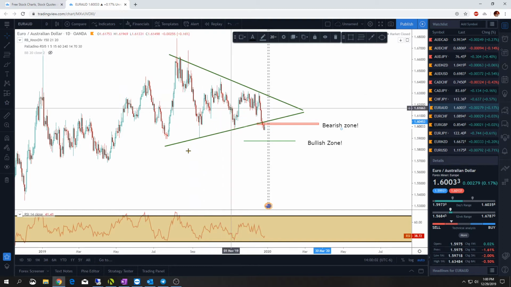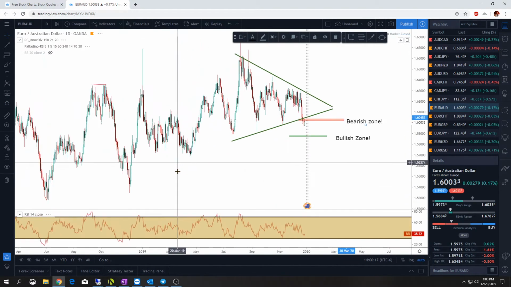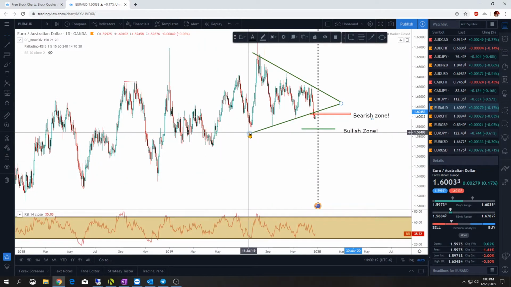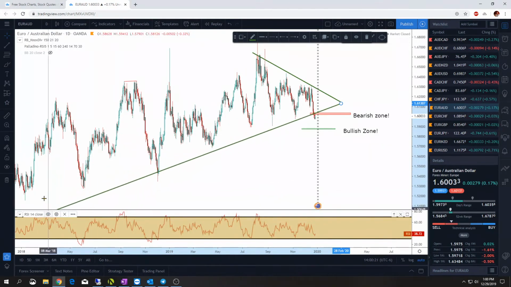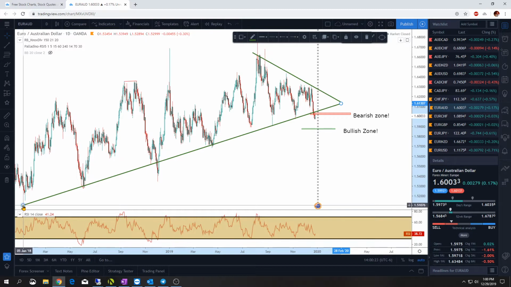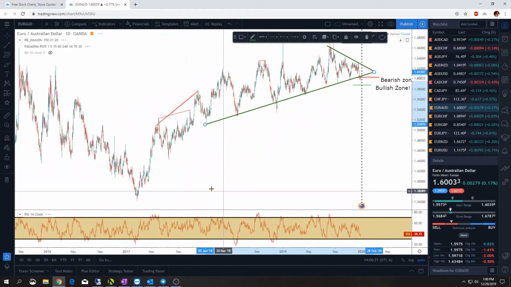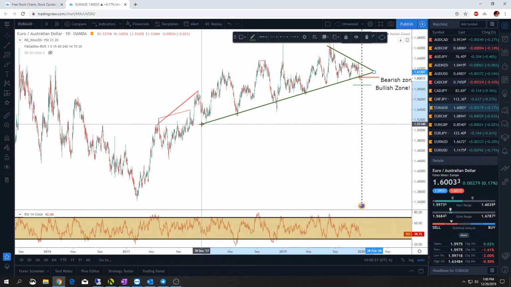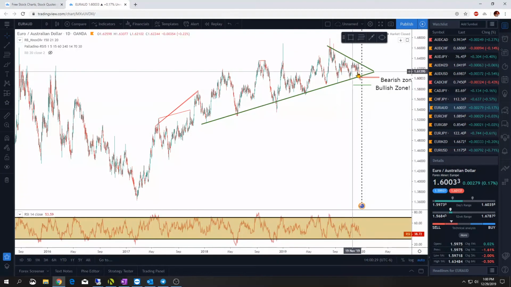Price just kind of, and again, Australian dollar got super strong as the dollar weakened. So we may get a good drop now that we have this structure break of that wedge. Now, if we continue this trend line across these bottoms, you can start to see we might have a pretty good indication now.